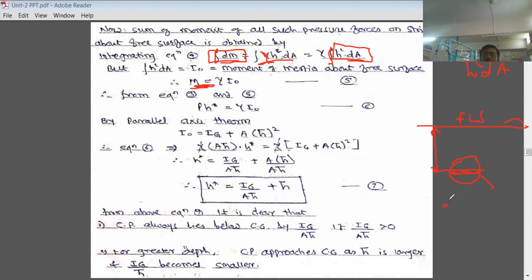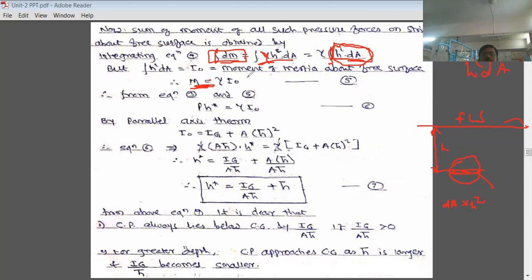We have to multiply the area of the strip, that is dA, and the square of the distance between these two, that is h square. So h square dA is nothing but the moment of inertia of this strip about this free liquid surface.